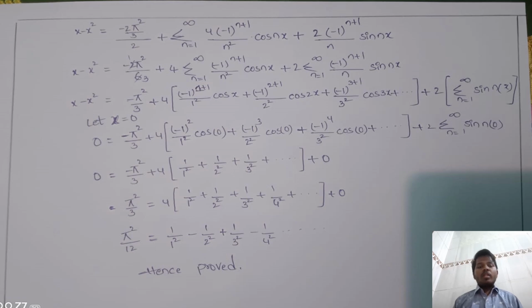So the pi square by 3 value goes to the left side, and the 4 also goes to the left side, and hence the value is proved.